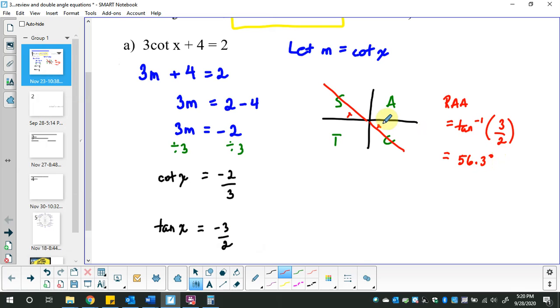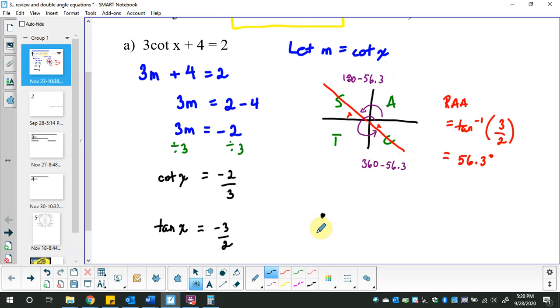So that's not an answer because it's not in the all positive quadrant. That is the space of the little x's. So to figure out the rotations, that one will be 180 minus 56.3 degrees, and this one will be 360 minus 56.3 degrees.